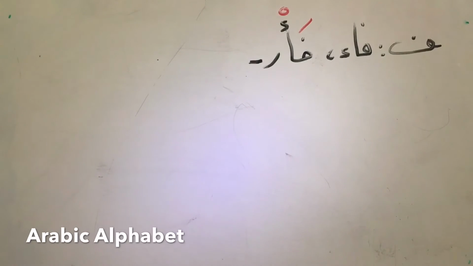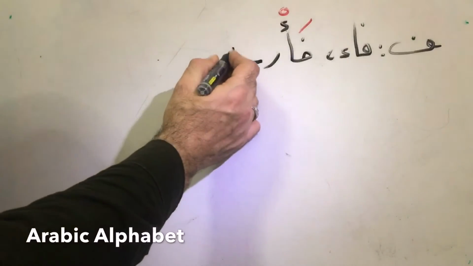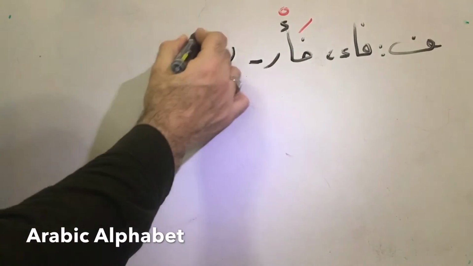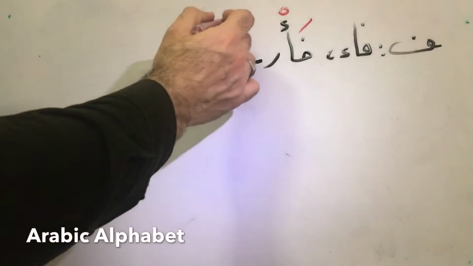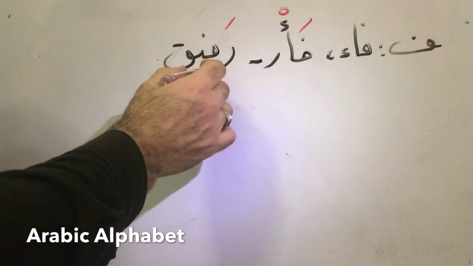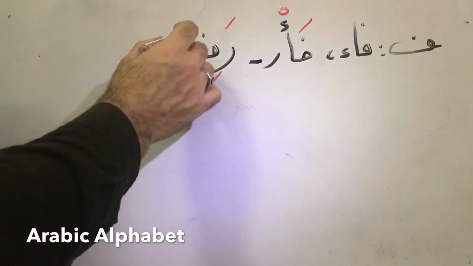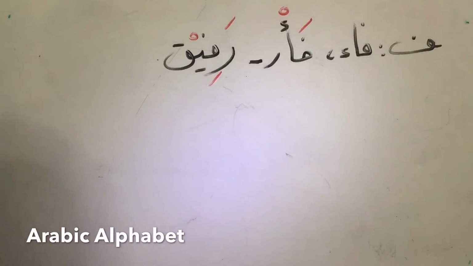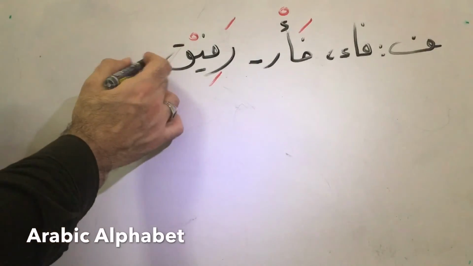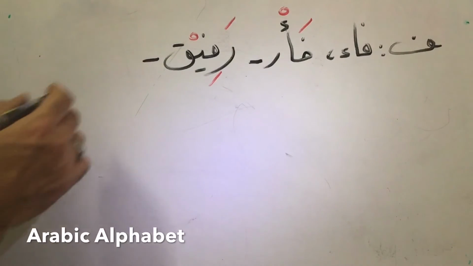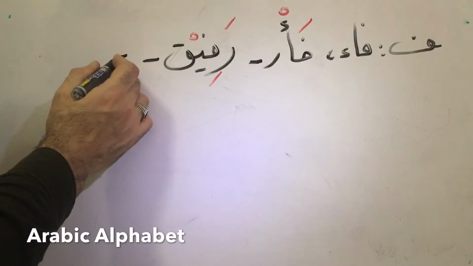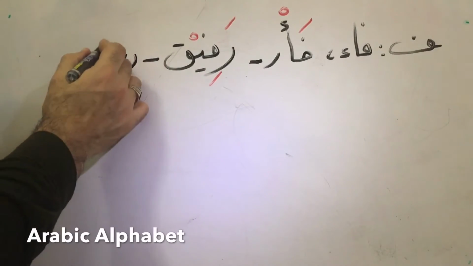Fa in the middle of the word is like Rafiq. Ra Fatha, Fa Kasra, Ya Sukun. Rafiq means friend. Fa at the end of the word, like Raf.